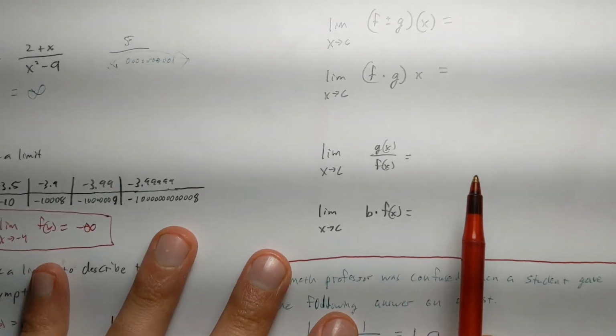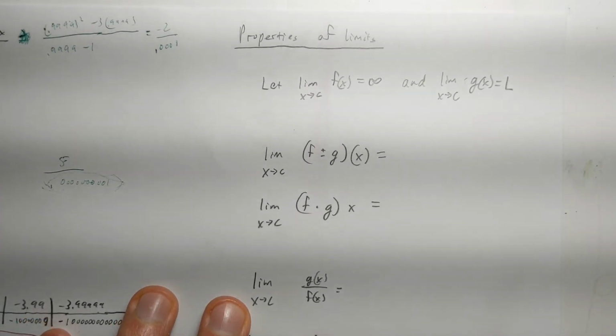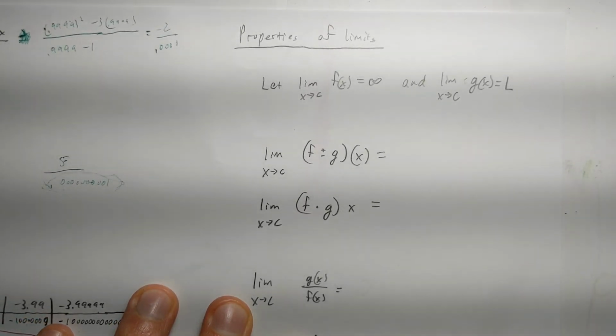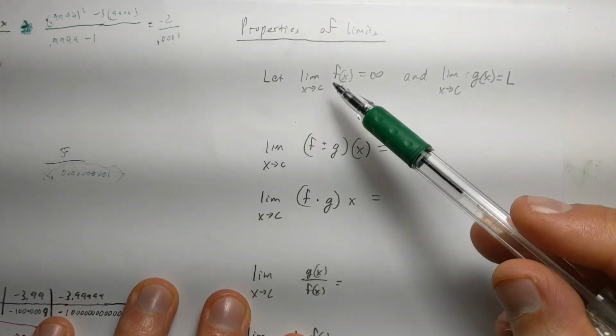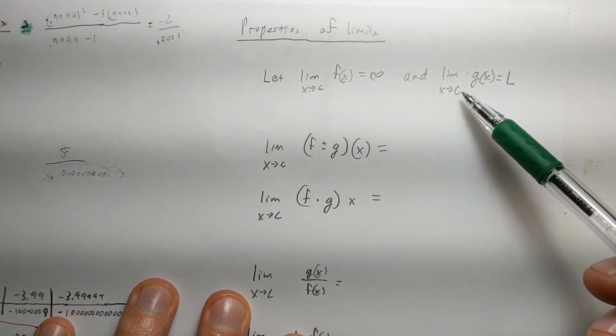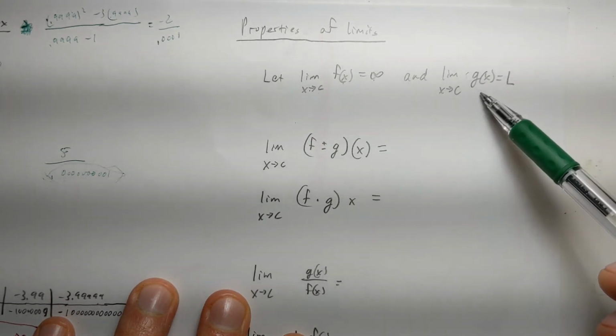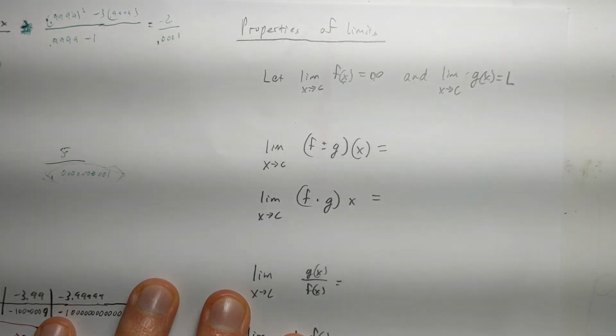Okay, properties of limits. These are fairly intuitive, I think. If you got the limit as x approaches c for f of x is infinity, and the limit as x approaches c for g of x is some number, doesn't matter what it is.